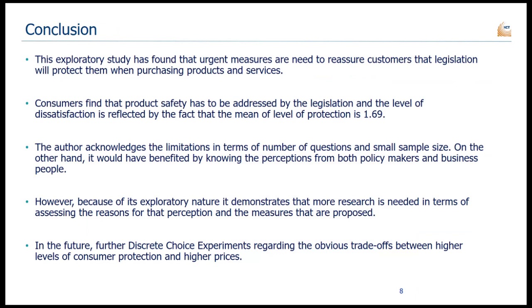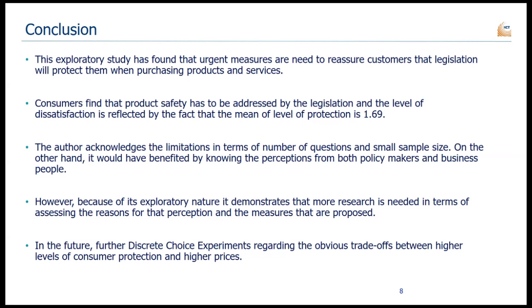As we can see, the protection level is 1.69. People also suffer a lot from misleading information. Another thing is that the knowledge of consumer protection among UAE nationals, we found, is very weak. This is the reason why our sample size was very limited.